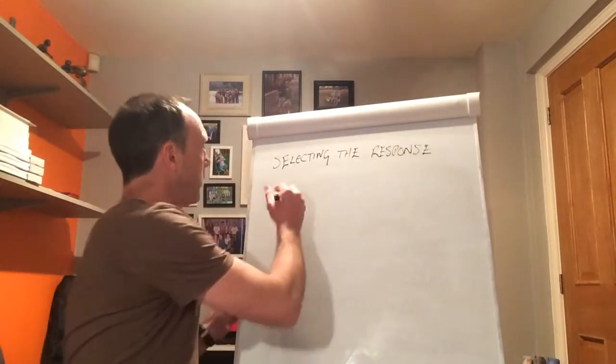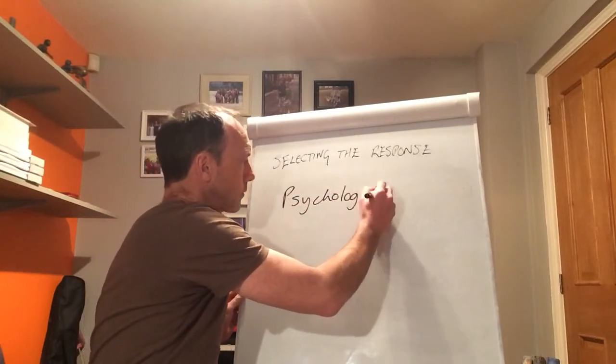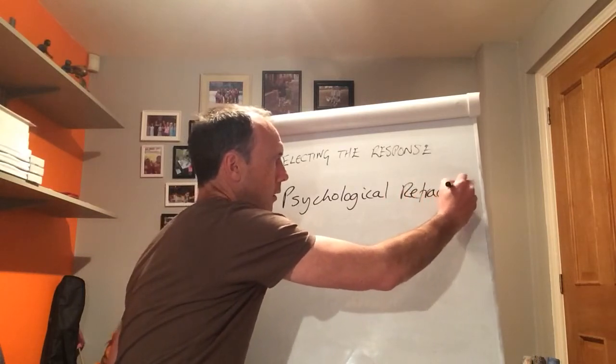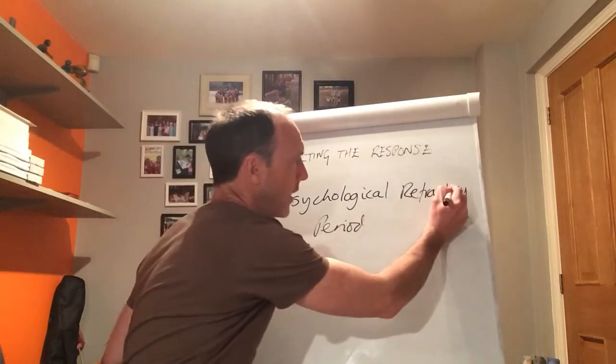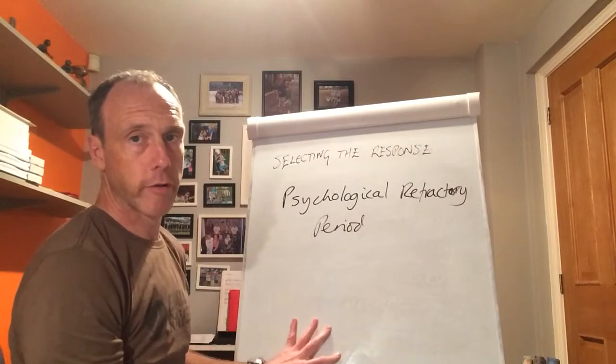The first one is known as the psychological refractory period. Apologies for my writing. Let's go further away. There's an O, and that's an R. Okay? The psychological refractory period.